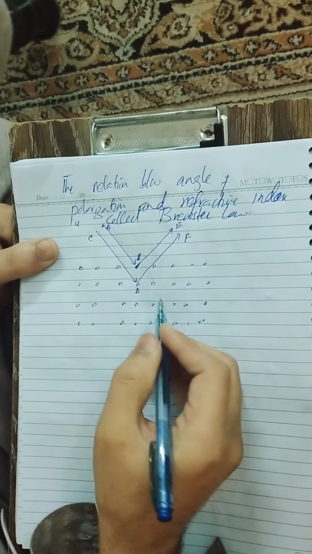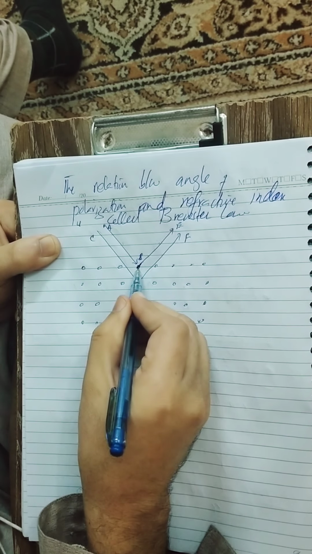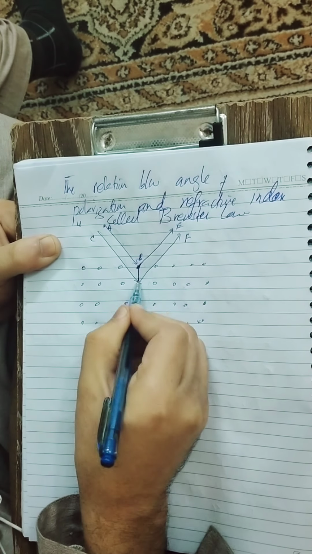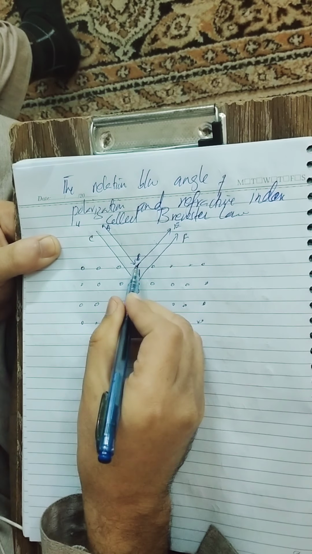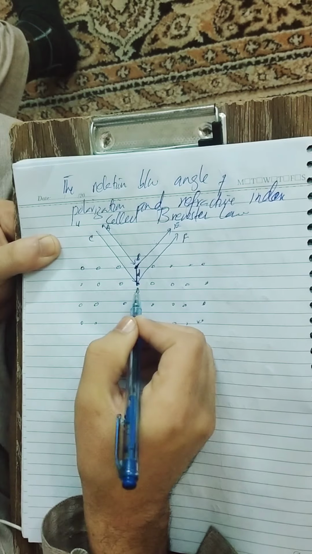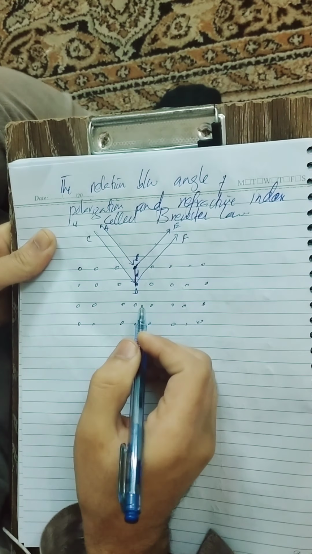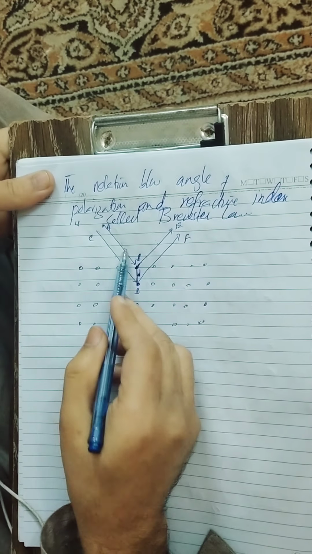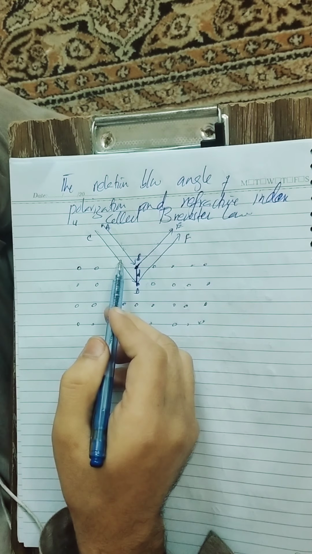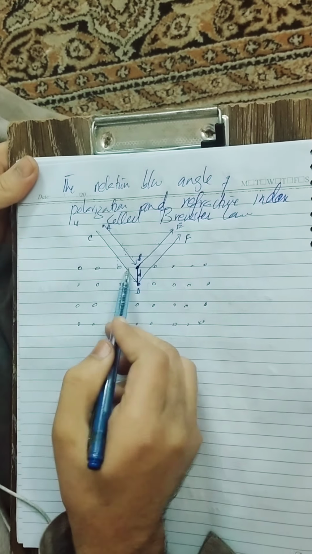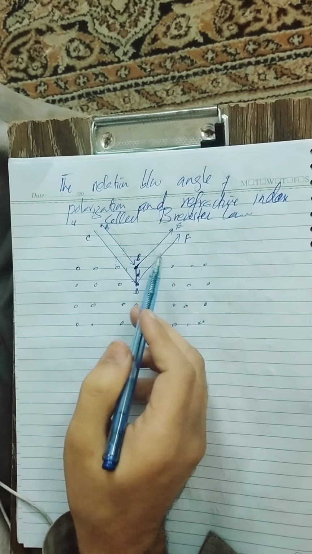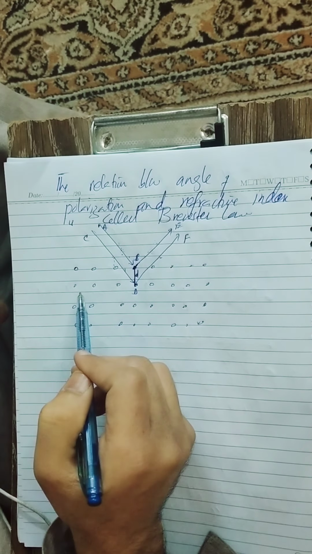I'm going to find the distance between the two atoms of a crystal, that is small d. This is one atom, this is another atom. So I'm going to find the distance between the two atoms. These are the incident X-rays, and these are the diffracted X-rays.